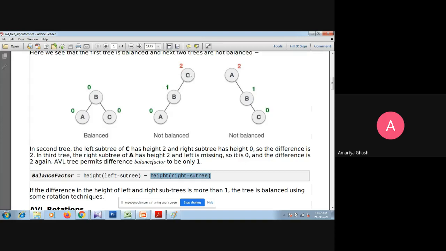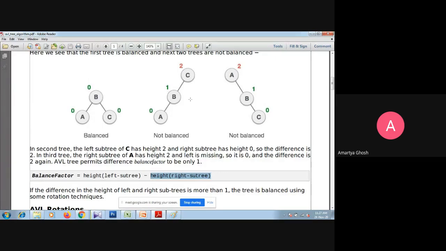For C, the height of left subtree is, there is one edge and this is the second edge. So 2. If the height is 2 and in the right subtree there is no node, so the height is 0. So 2 minus 0, because height of left subtree minus height of right subtree. So we have to calculate each node, not only the root node.